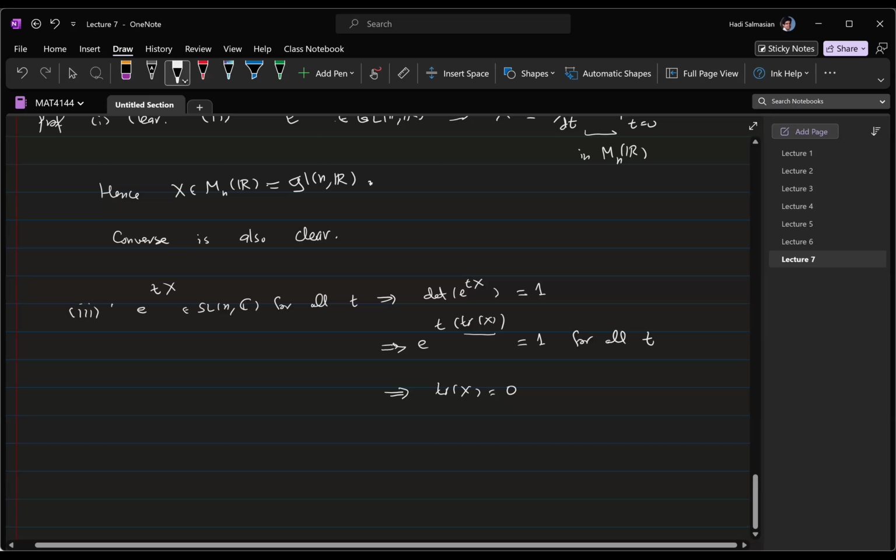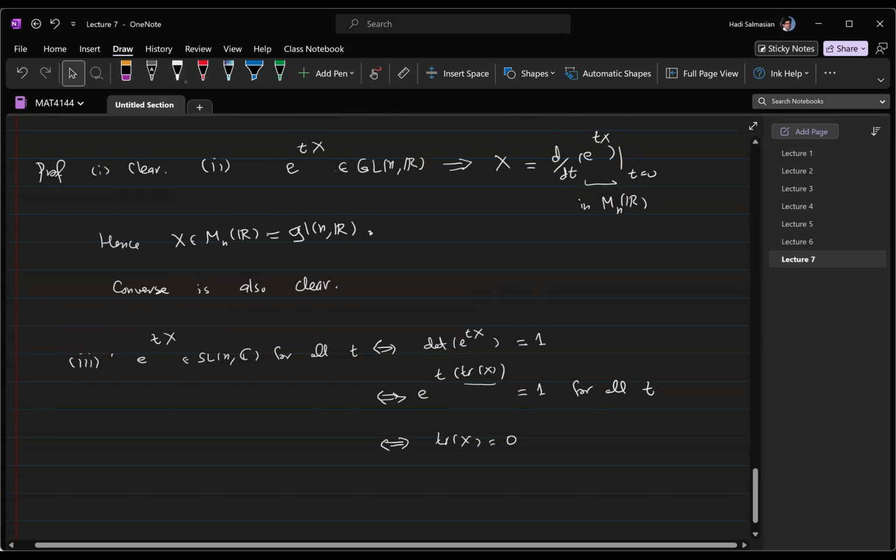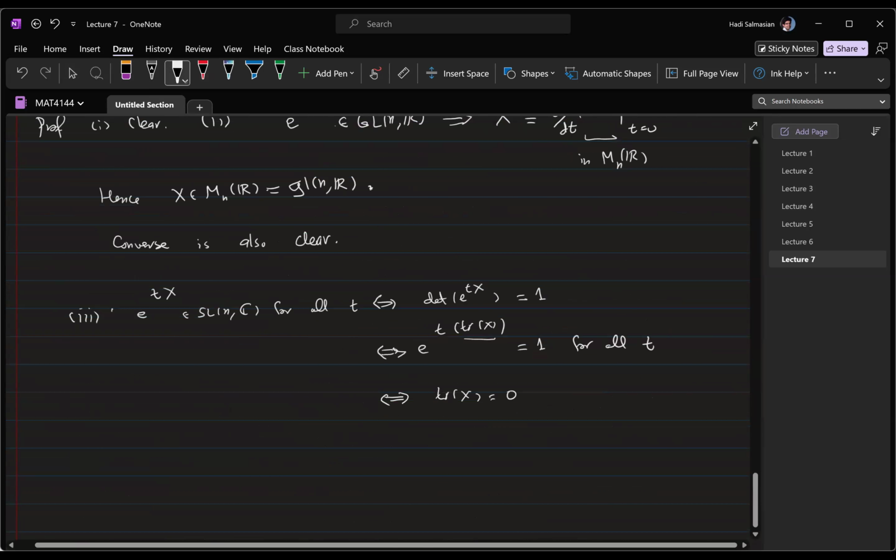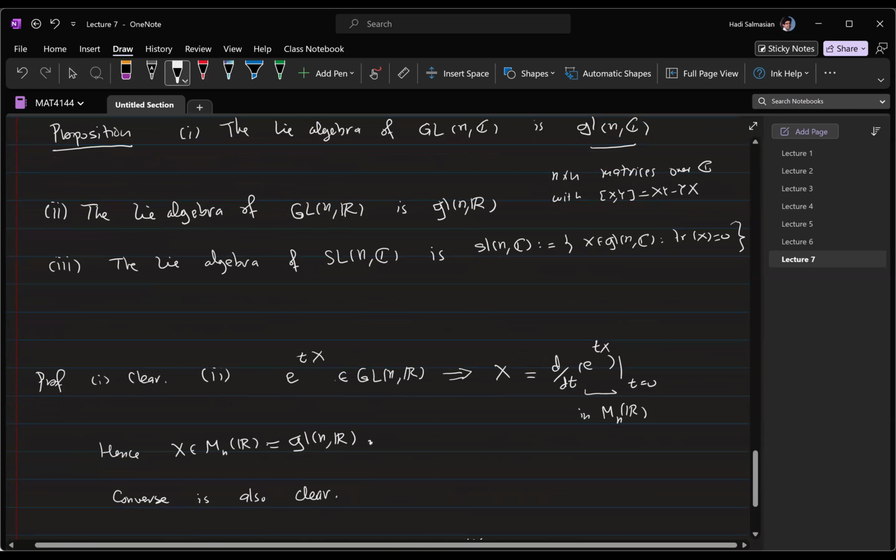And the converse is also clear. If you have something with trace 0, then the determinant is just e to the t times trace, but the trace is 0 anyway, so the determinant is 1. So all the arrows can be reversed with no problem. And finally, the Lie algebra of SLNR is this Lie algebra SLNR.